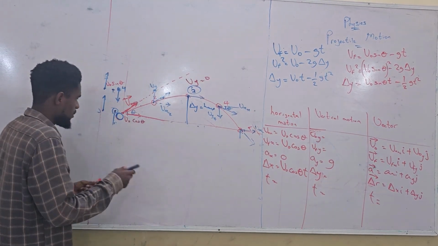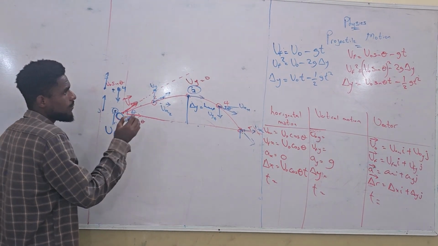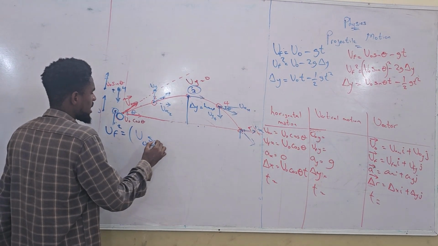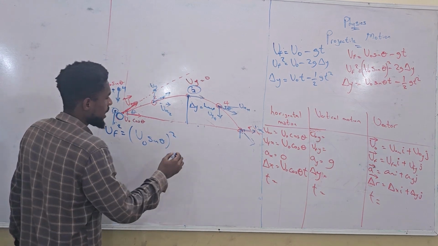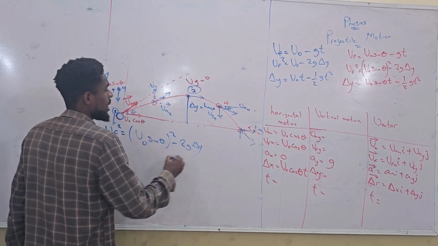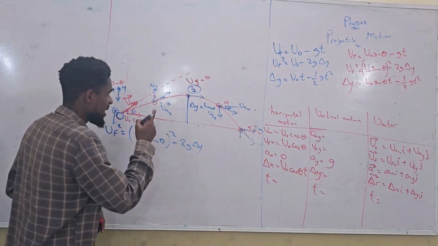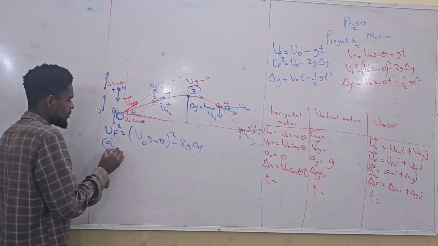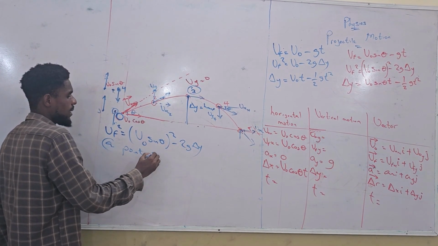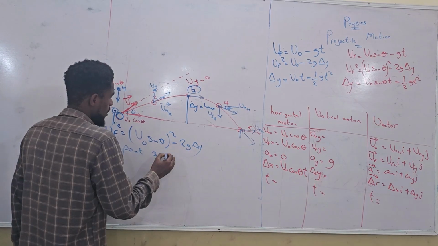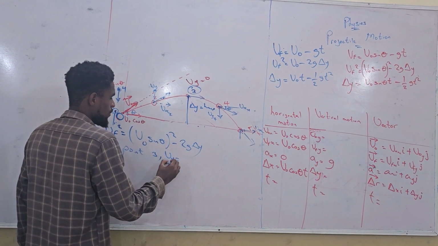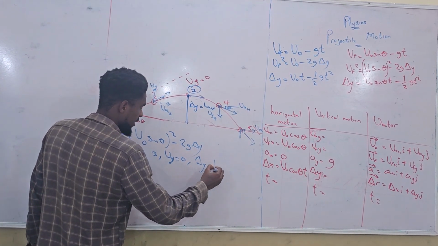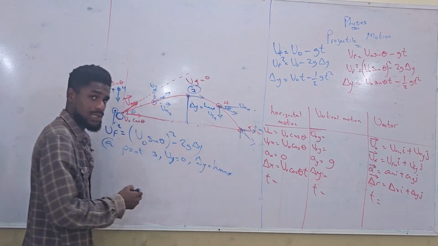So we can say Vf squared is equal to V naught sine theta all squared minus 2g delta y. Remember, we said at point 3, Vy is equal to 0, and delta y we want to refer to as h max.